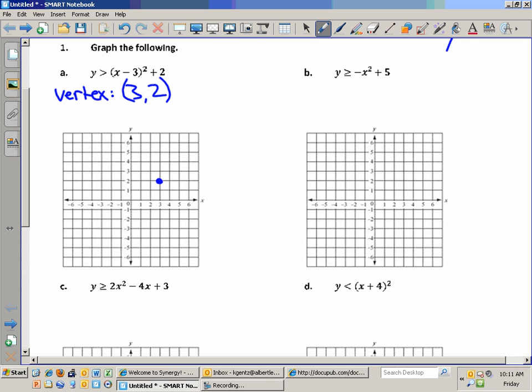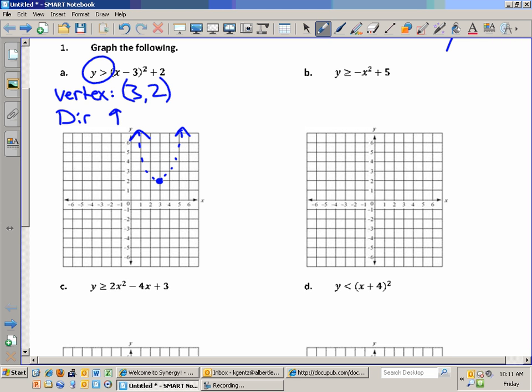What's the second characteristic we look for? What's the direction? It's up. Very good. Third? Solid or dashed? Dashed, why? Because you look at this piece, it's not equal to. So it's a dashed parabola going up.